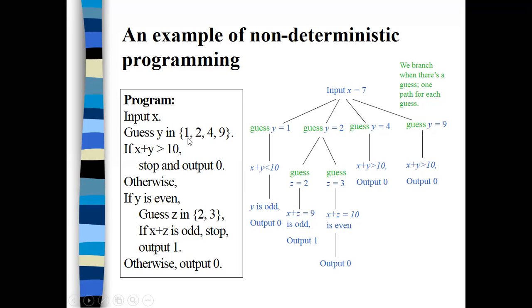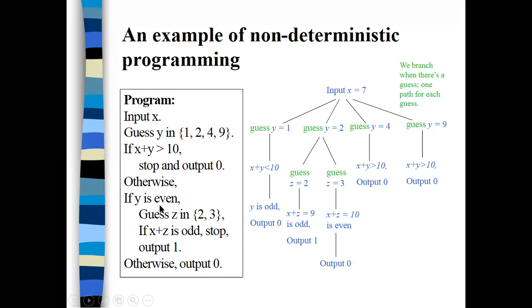Similarly, if x plus y is greater than 10, stop and output 0. If we add x and y, where y is 1, 2, 4, 9, and someone gives x as 1, then first we have 1 plus 1, then 1 plus 2, then 1 plus 4, then 1 plus 9, and if it is greater than 10, then we have to give the output 0.